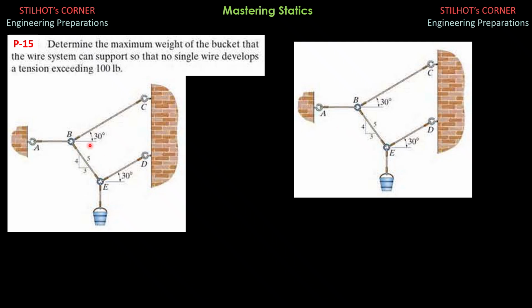Since there's only one cable AB that supports this left portion of the system, we suspect that AB will be the most critical cable. And so we assign that its tension is 100 pounds. Then let's solve and verify that the tension in the other cables will be less than that 100 pounds.